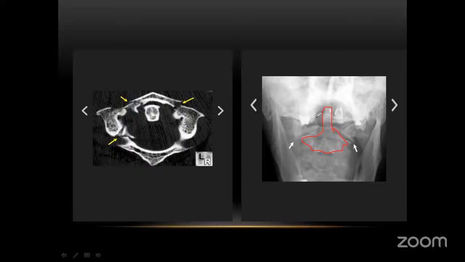This is C1, which we call the lateral mass of C1. This is the line of the vertebral bodies.